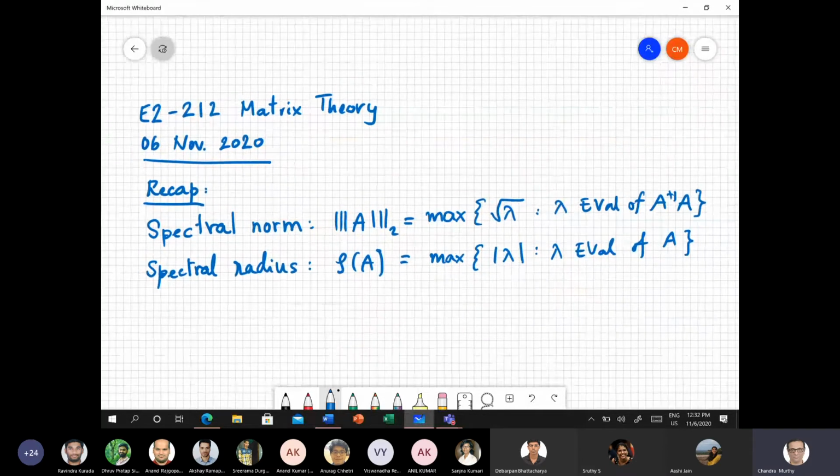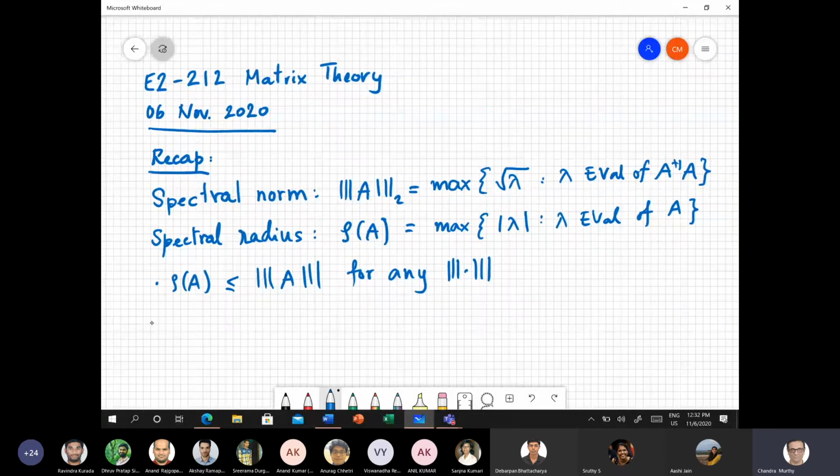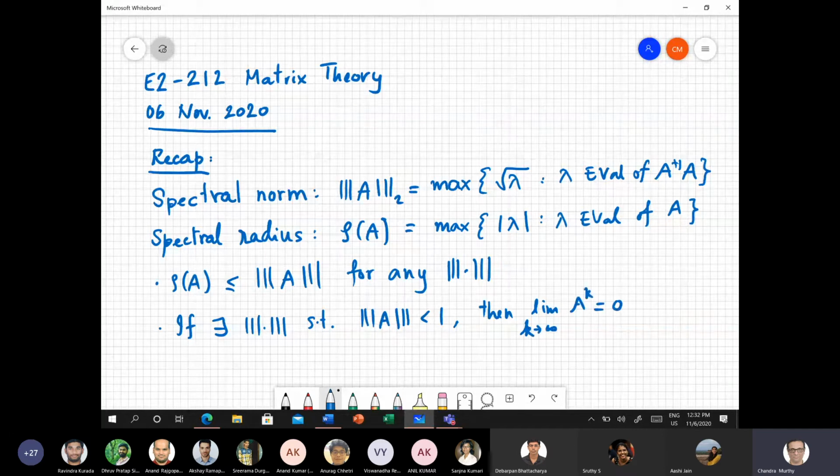Okay. We also saw that rho of A is less than or equal to the norm of A for any matrix norm. And if there is a norm such that norm of A is less than 1, then the limit as k tends to infinity of A power k is equal to 0, and such matrices were called convergent.